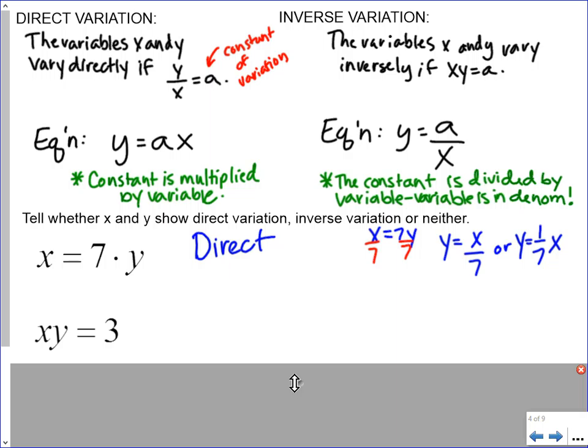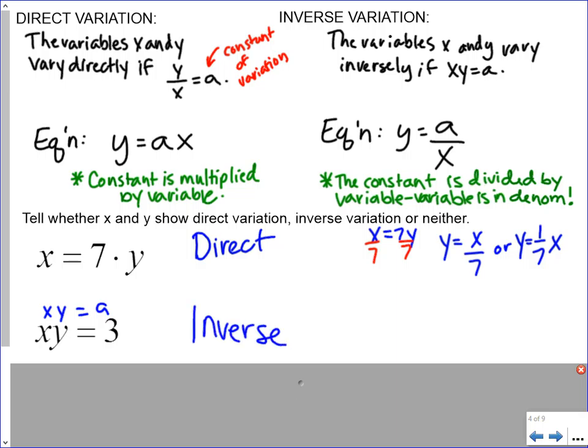He says, the variables x and y vary inversely if x times y equals a constant. Well, here we're saying x times y equals 3. So this is like x times y equals a. And when we go back into our notes, that's described as inverse variation. So it is inverse. That is correct.